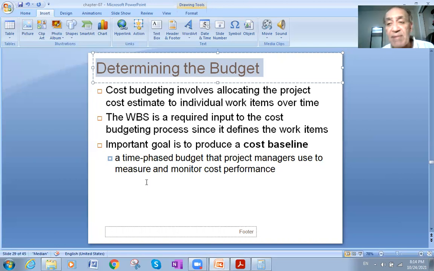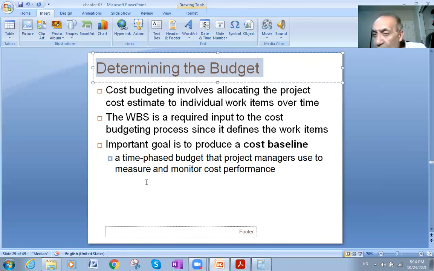A budget is a planning tool, but the balance sheet is a record of past transactions. So the balance sheet is a record for the past, while the budget is a record for future needs and future uses. Those are the main differences.